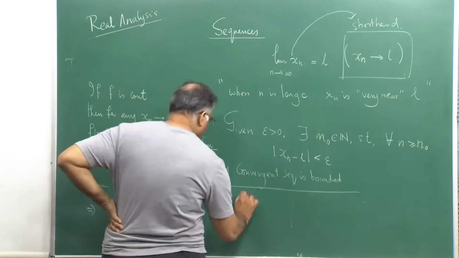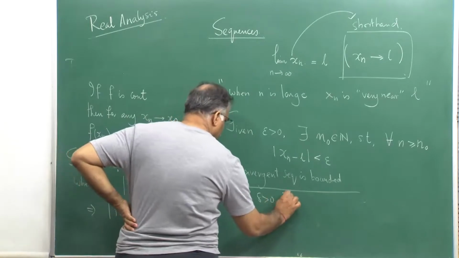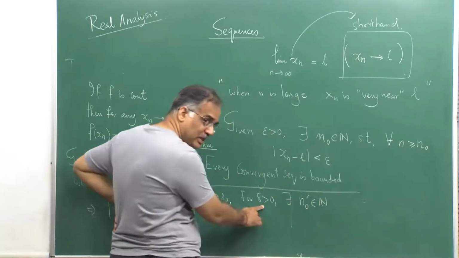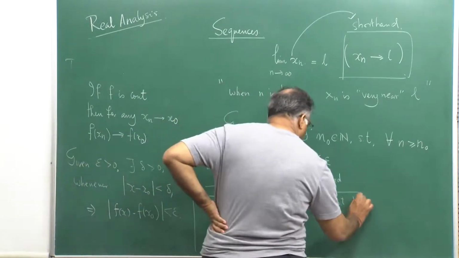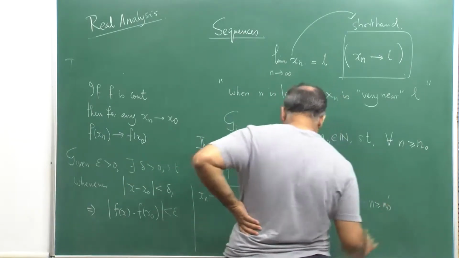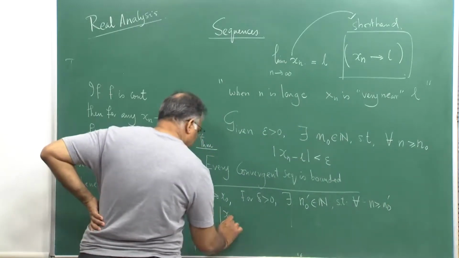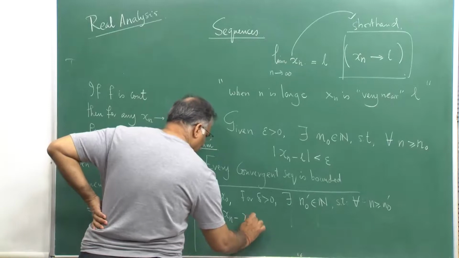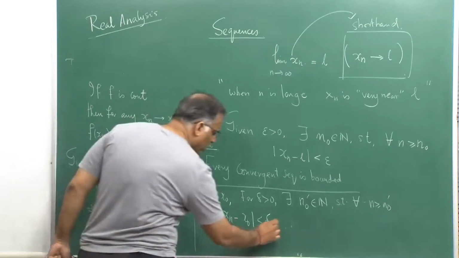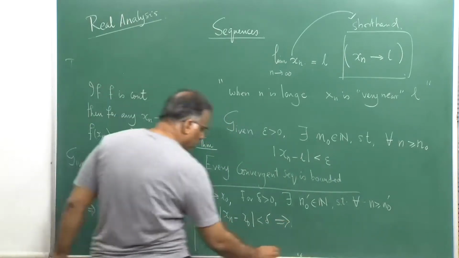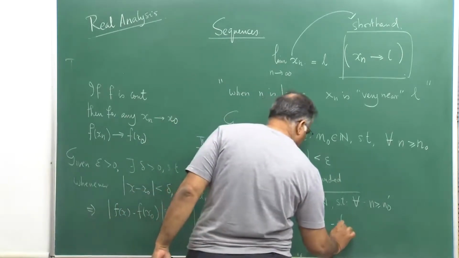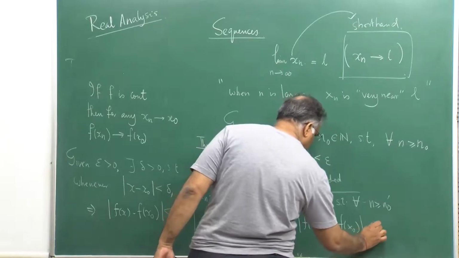So, for this delta greater than 0, there exists an n naught dash in N, of course depending on the choice of delta, such that for all n bigger than n naught dash, I would have |xn minus x naught| less than delta. And for all such points, it will imply again by the definition of continuity that |f(xn) minus f(x naught)| is less than epsilon.